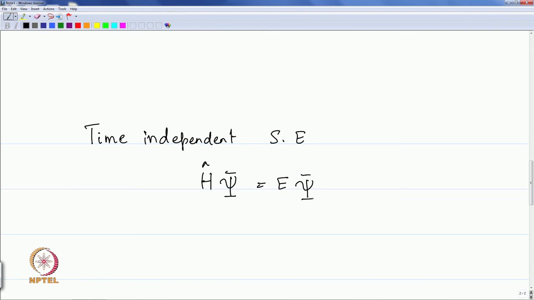This is time independent in the sense that the Hamiltonian, or the total energy associated with that system, is not time dependent.